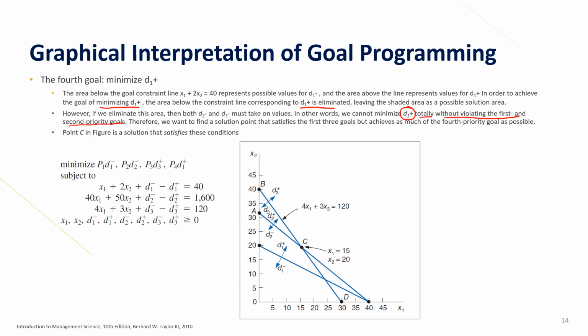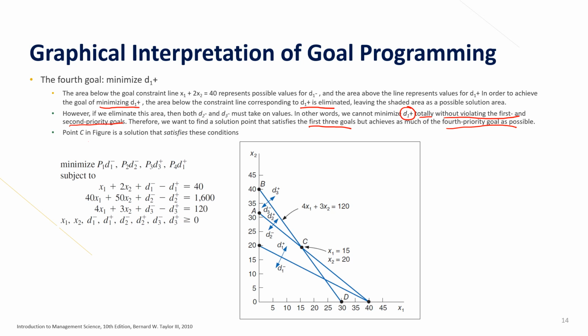So we would like to build a solution that satisfies the first three goals. We will not consider the fourth goal. The fourth priority goal will be considered if the first, second, and third can be achieved already.